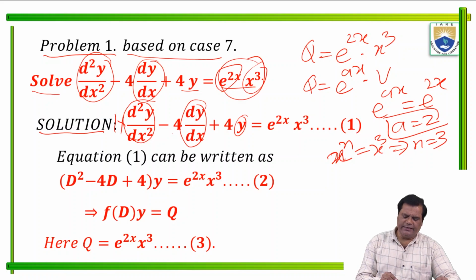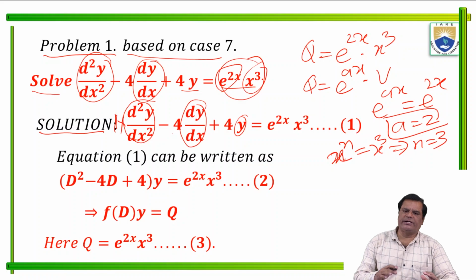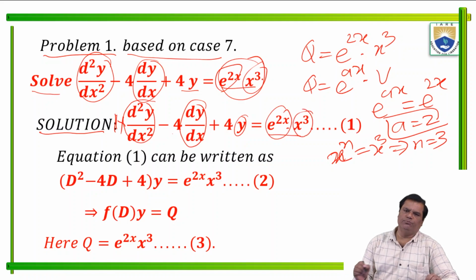So we see that each derivative is multiplied by a number, so we say this equation has constant coefficients. Coefficient means multiplier, constant means number. In each term there are only numbers multiplying, not variables. Variables are not allowed here, only numbers. On the right-hand side is e to the power 2x into x cubed. This is equation 1 given in our question paper. Equation 1 can also be written as.